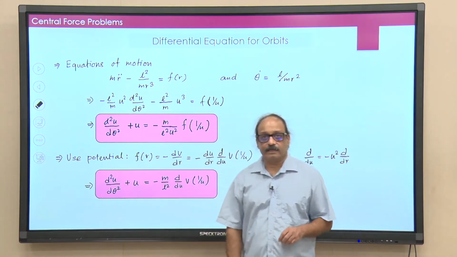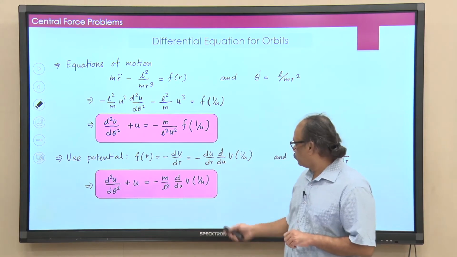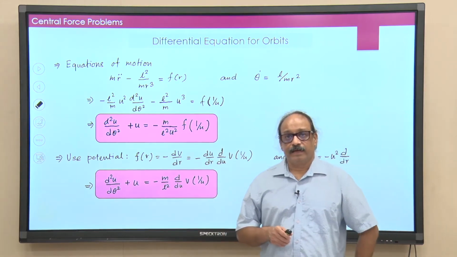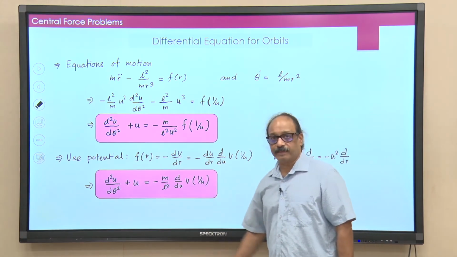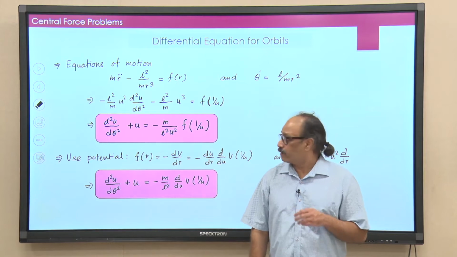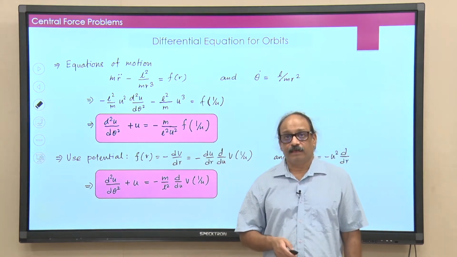So, it is the second derivative of u with respect to theta plus u is equal to minus m by L square times the derivative of the potential with respect to u. So, you can use either this equation or this equation to find the equation of the orbit.